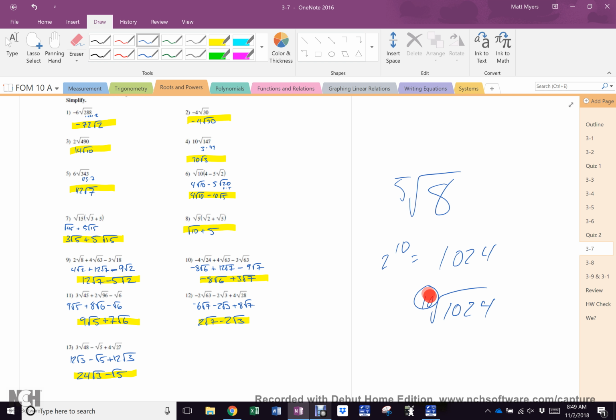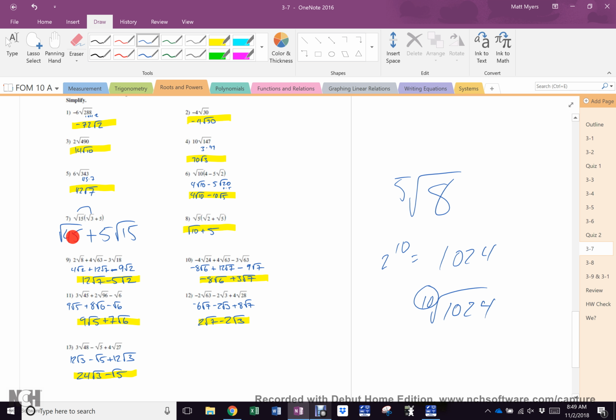Toby. Number 7. This one right here. Root 15 times root 3 is root 45, right? Plus 5 root 15, right? Because there's no root there. So it's 5 times 1 is 5, right?